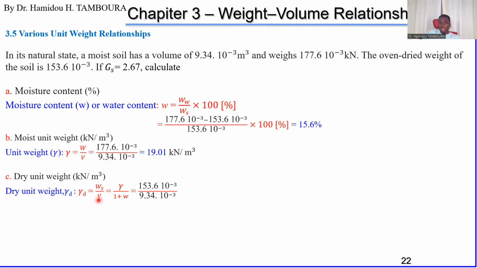But we also have this relation between the wet unit weight, or total unit weight if you want, and the water content: dry unit weight is equal to the wet unit weight divided by 1 plus water content.